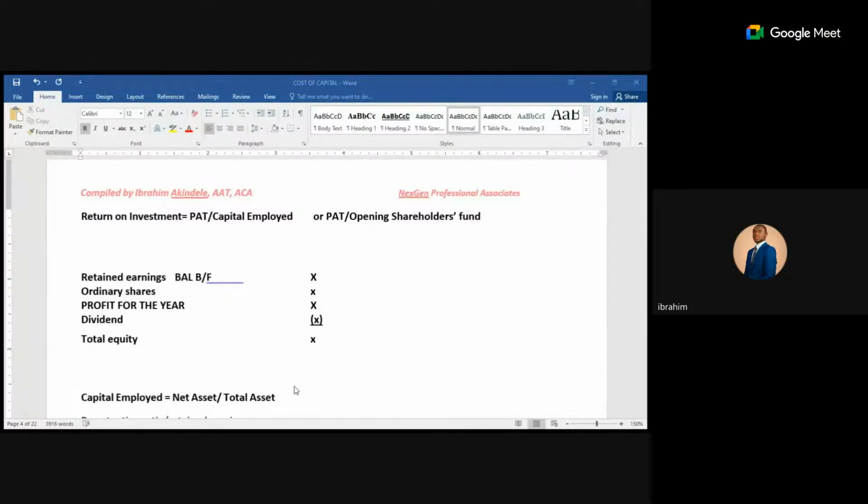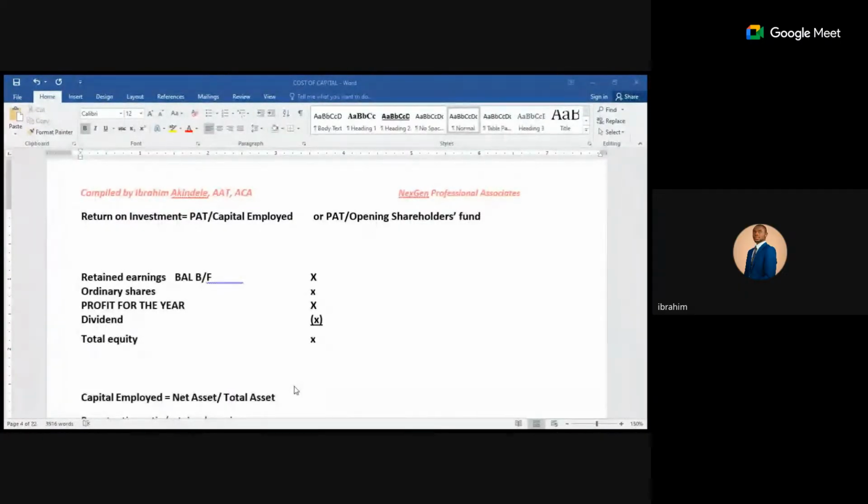I don't need the one of the previous year. Or let me say it is not the current year. I need the opening. Class, what is opening shareholders fund? It means the previous shareholders fund, the previous total equity.